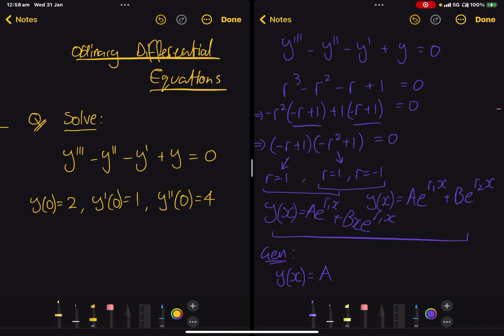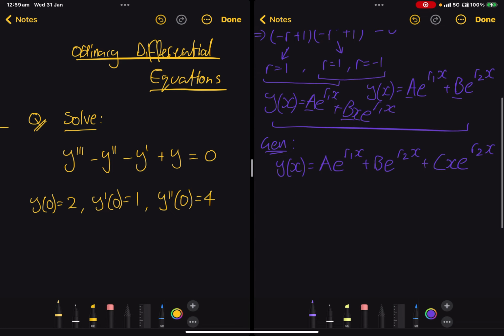Now we've got to be careful with these constants. There are going to be three different coefficients in front of these. So a e^(r1 x) + b e^(r2 x) + c x e^(r2 x), assuming r2 is the repeated root. So we have r is 1, r is 1, r is minus 1. This means r1 is minus 1 and r2 is 1.